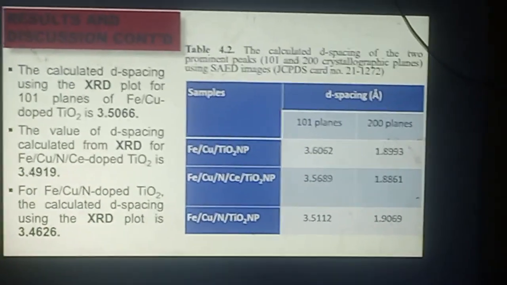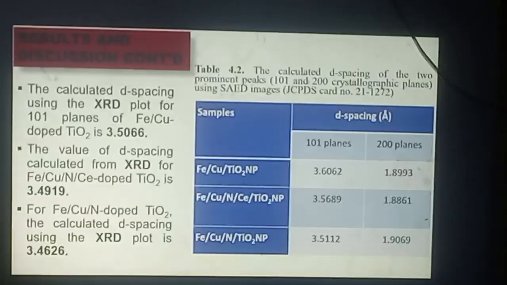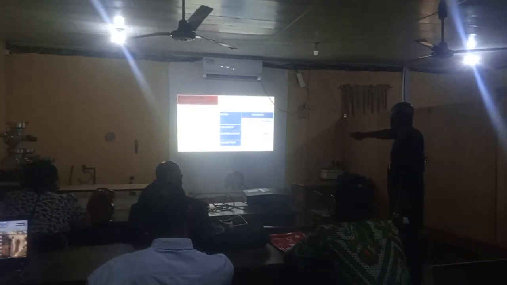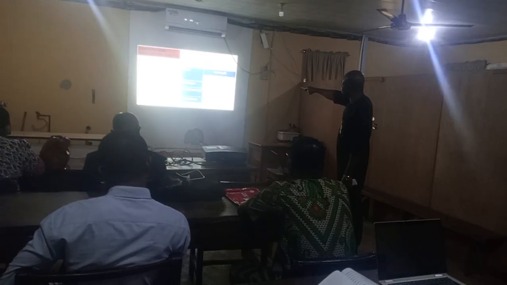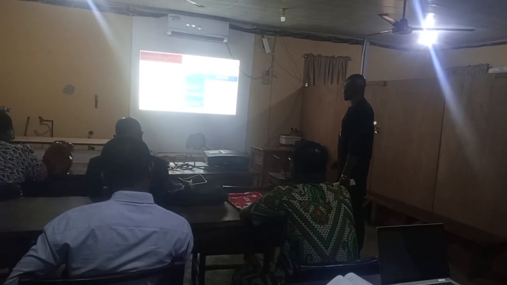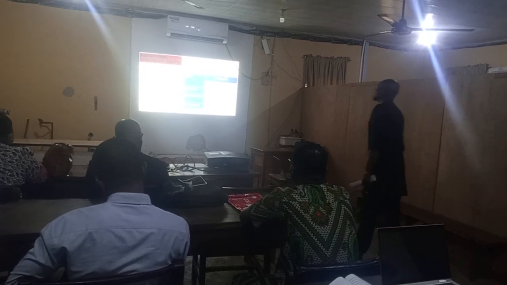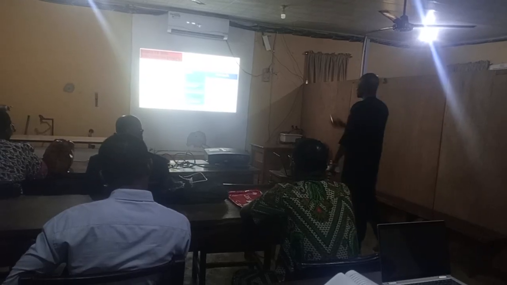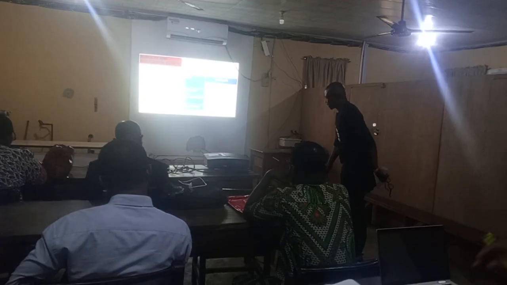For the iron/copper doped TiO2, the calculated d-spacing is 3.5. From the SAED image, our calculated d-spacing is 3.6. The same thing happened with iron/copper/nitrogen, and the same thing is applicable to the others.